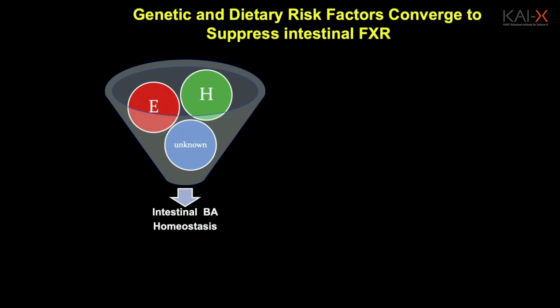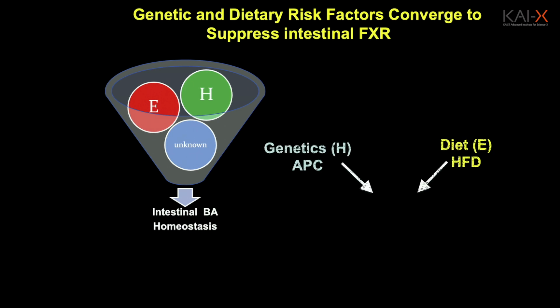So just as a summary, we can categorize these different components. We have genetics, like the APC min.